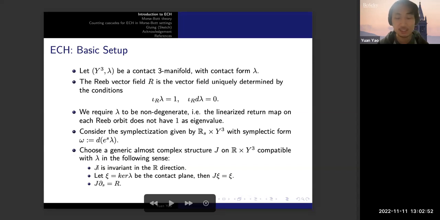J is invariant in the R direction. The contact structure is the kernel of the contact 1-form, J preserves that, and it sends the vector field pointing in the symplectization direction to the Reeb vector field. These are also the standard conditions you would put on almost complex structures on symplectizations.